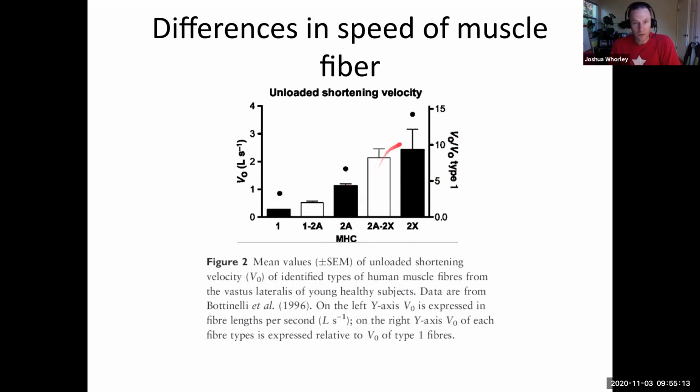You can see as we move up here, and did it say what muscle we're looking at here? Yeah, this is just looking at the vastus lateralis muscle, one of your large leg muscles, one of the large extensors of the lower leg.